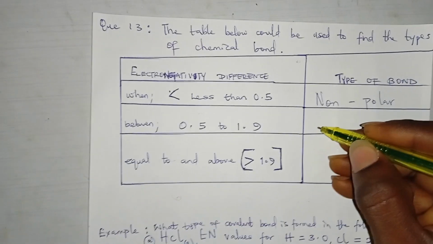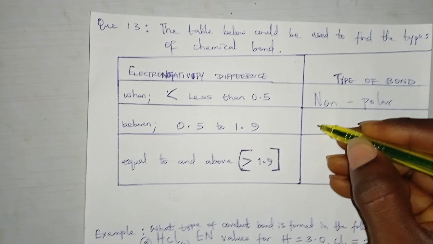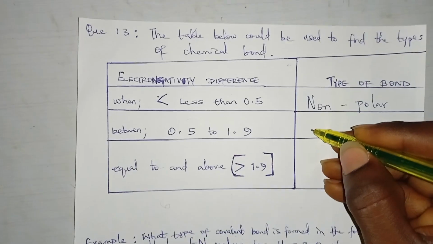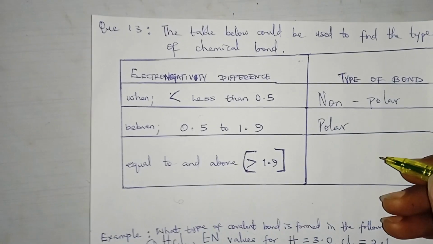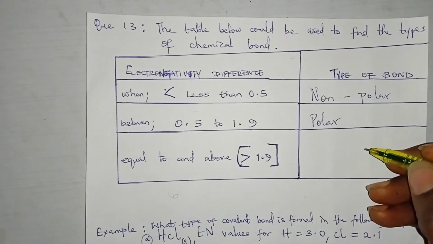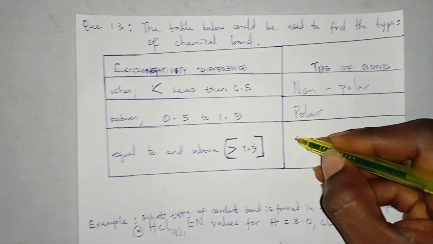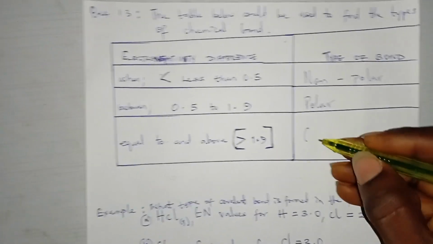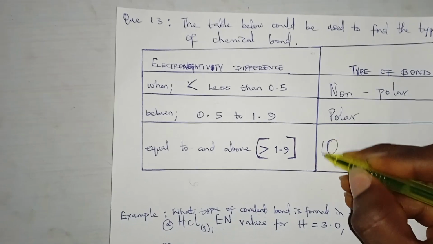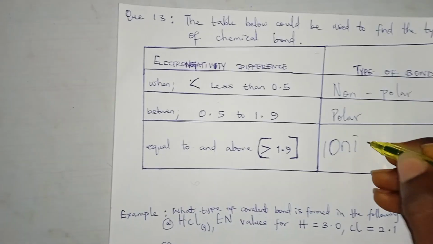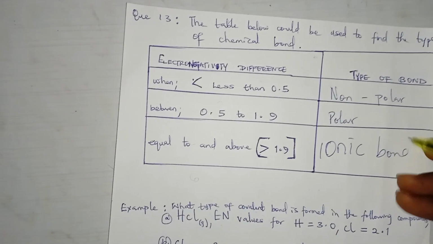If it's between 0.5 and 1.9, not equal to 1.9 but between, you know that it is a polar covalent bond. And if it is 1.9 or above, know that it is an ionic bond.